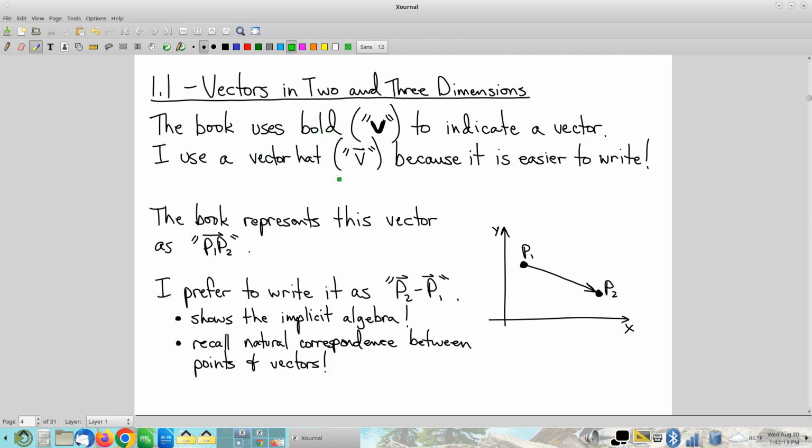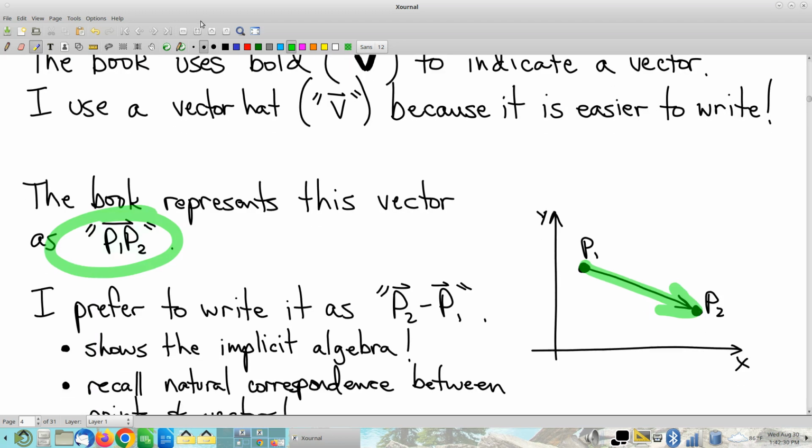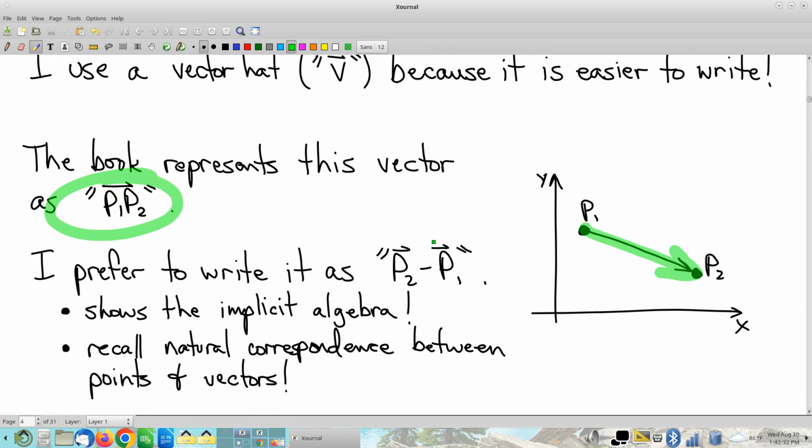Okay, the other thing is about how to represent this vector here, represented by that arrow. The book sometimes likes to write that as P1, P2, as I have written there. And I guess that's fine, but I'll point out that another way to write it is P2 minus P1.